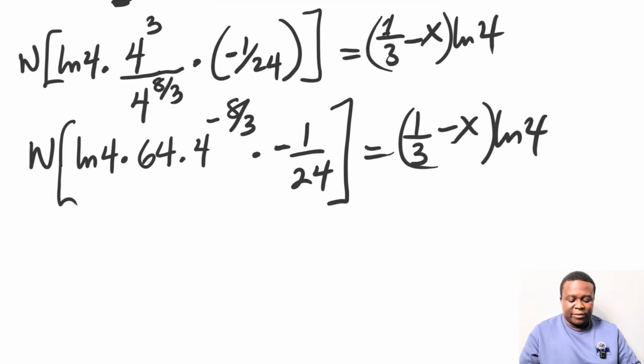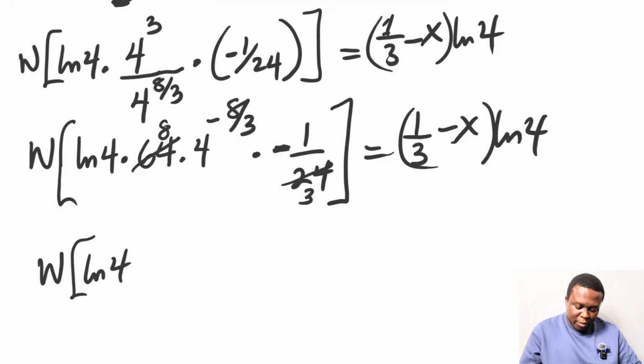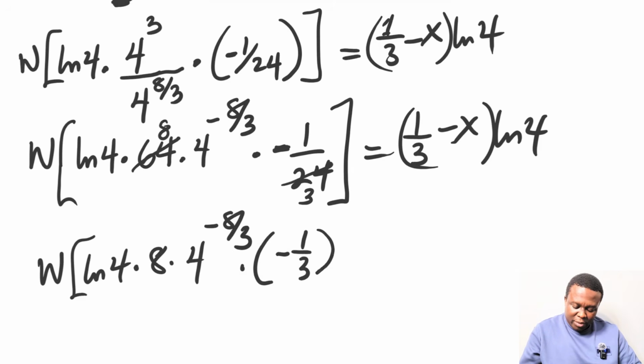Now from here on the left-hand side, let's try to see what can cancel out. 64 and 24. Common factor, 8. 8 in 64 will give us 8. 8 in 24 will give us 3. So now we have W of ln 4 times 8 times 4 to the power minus 8 over 3 times minus 1 over 3.